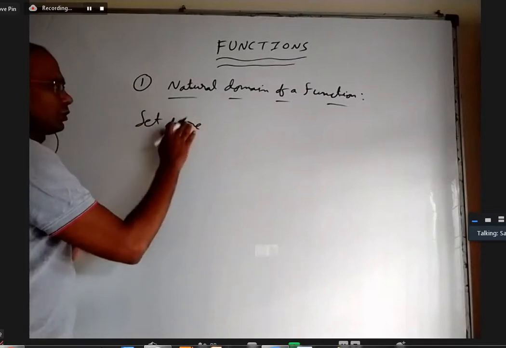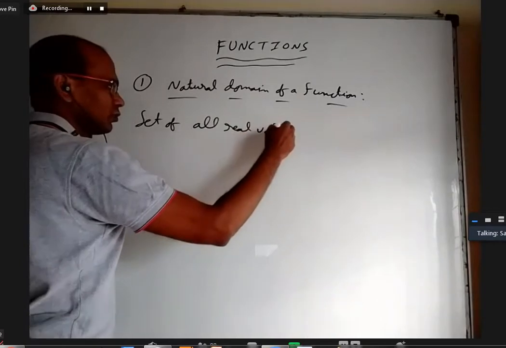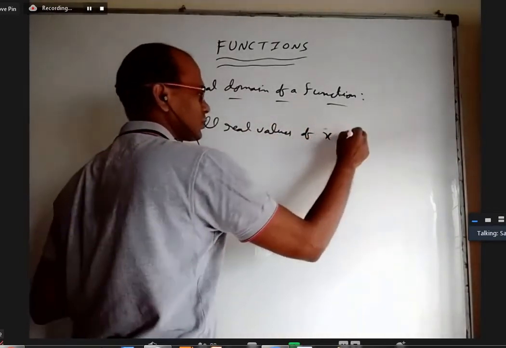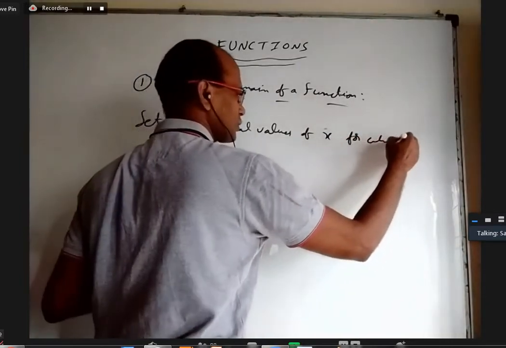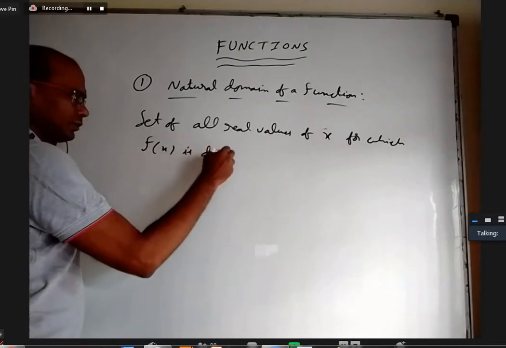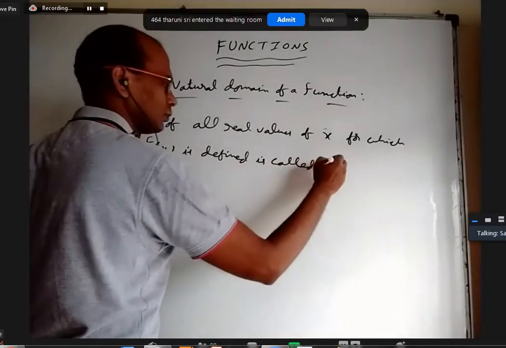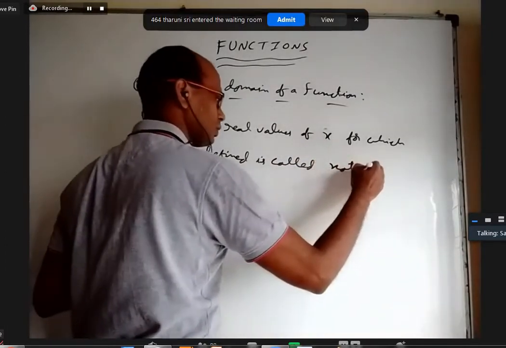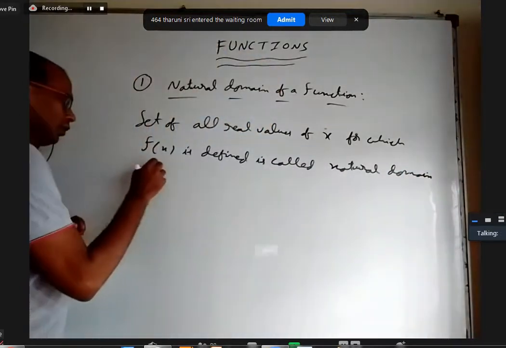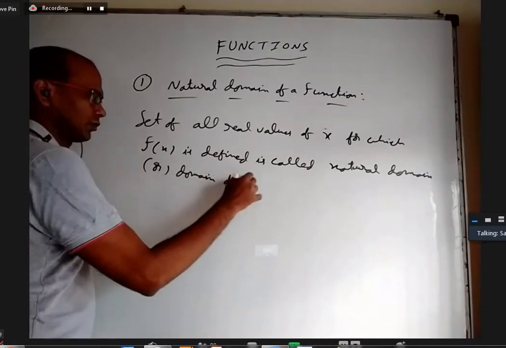The set of all real values of x for which f of x is defined is called the natural domain, or domain, of f of x.